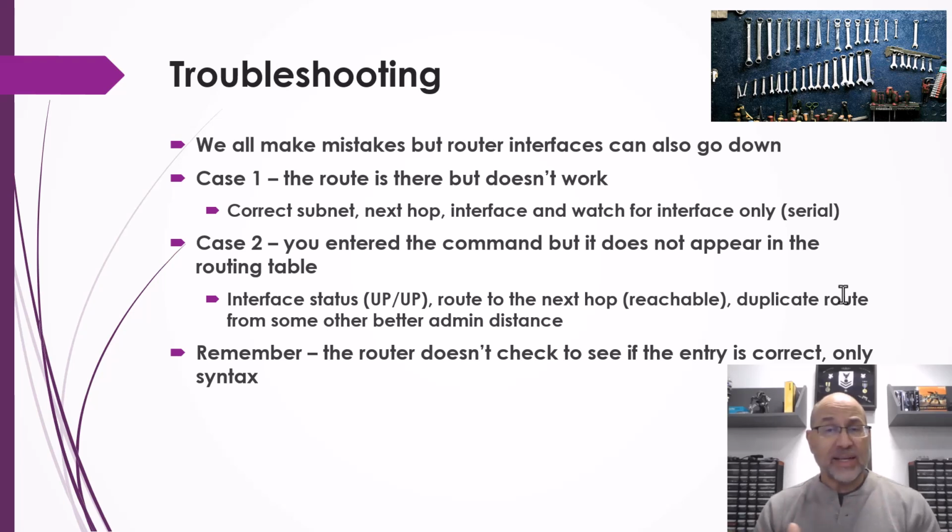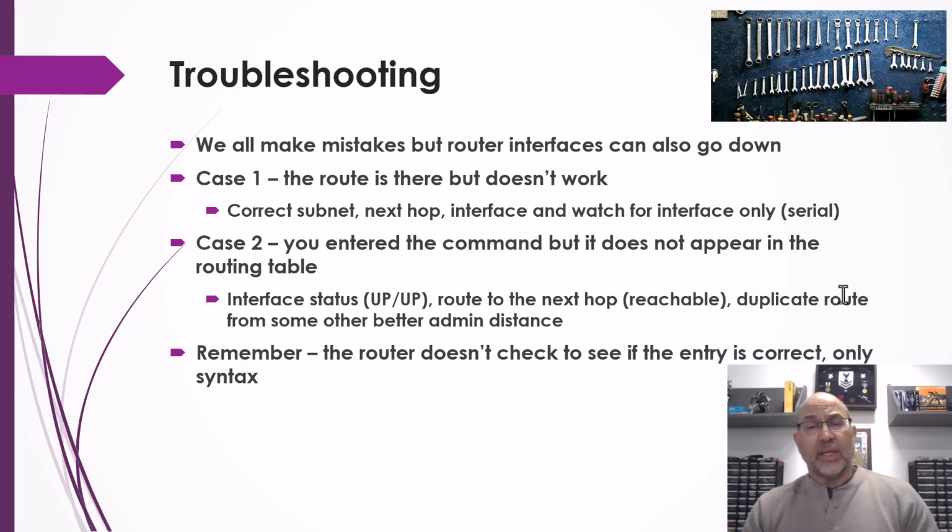Now, packets in ICMP can tell you an awful lot whether or not they're getting to the destination and if there's any feedback from ICMP. So the things that we want to look at are, right, take a look at your routes. Is it the correct subnet? Is your next hop correct? And what is the interface? And did you determine whether or not you needed an interface in your command?